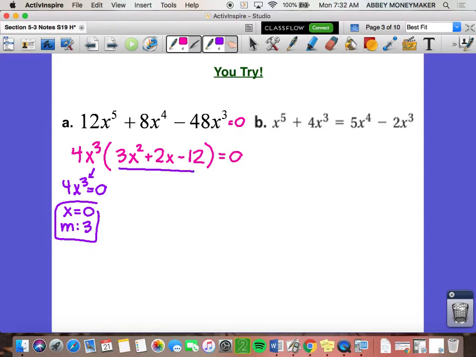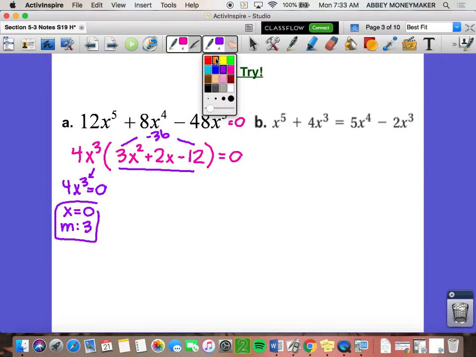Right here with this quadratic, I'm going to have to do the AC method. 3 times negative 12 gives me negative 36. What multiplies to give me negative 36 and adds to give me 2? I don't think anything, so guess what we're going to have to do here, friends?